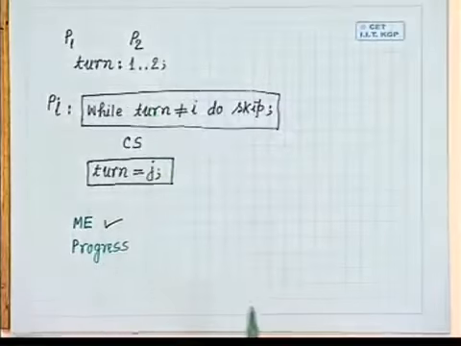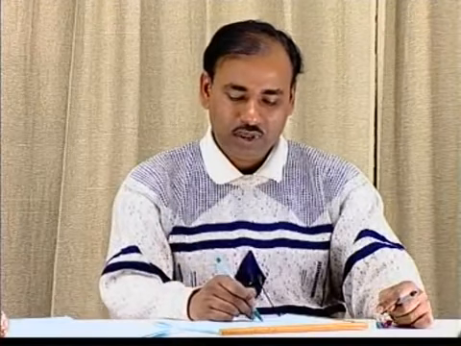And because value of turn will never be set to 1, process P1 will not be able to enter the critical section at all, though it wants to enter the critical section. So indirectly, the decision making process also depends upon process P2, who does not want to enter the critical section at all. Right? So this progress requirement is not guaranteed by this solution.